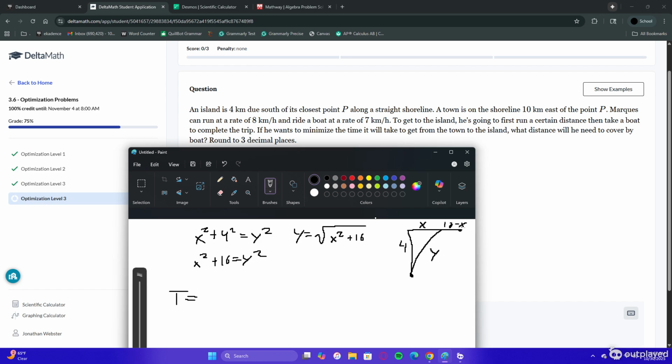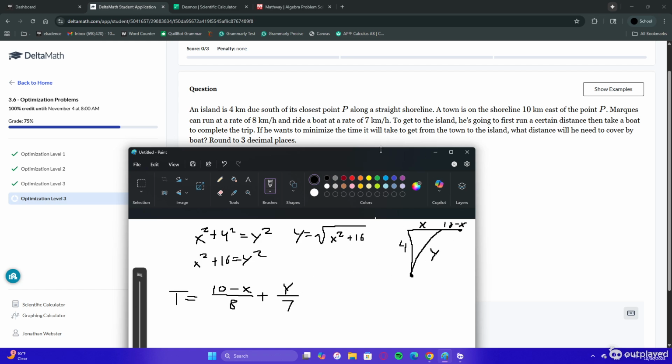So our distance over speed for the first part, which is what he's running, would be 10 minus x, because that's the distance that he's running, and then over speed, which is 8 kilometers per hour. So 10 minus x over 8, and now we add that to the distance over speed of the boat, and the distance is y over 7 kilometers per hour.